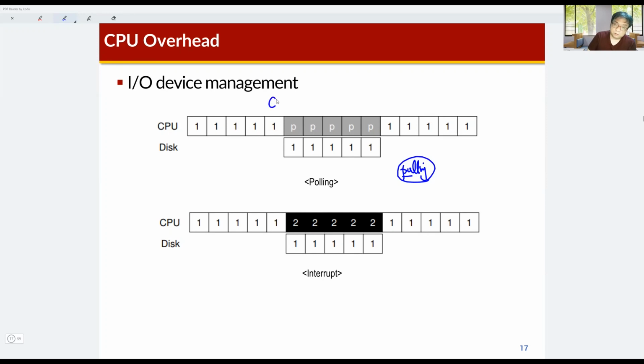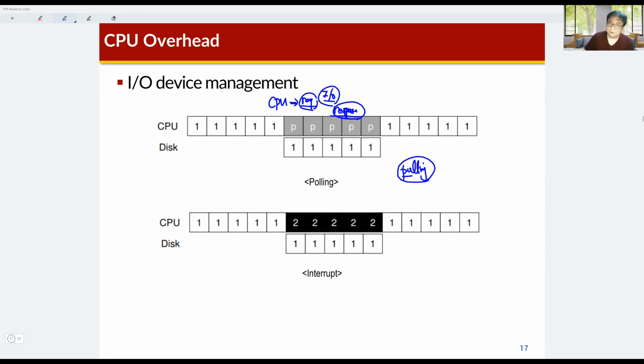When the CPU gives a request to the I/O device, the CPU needs to wait until the response comes from the I/O device.